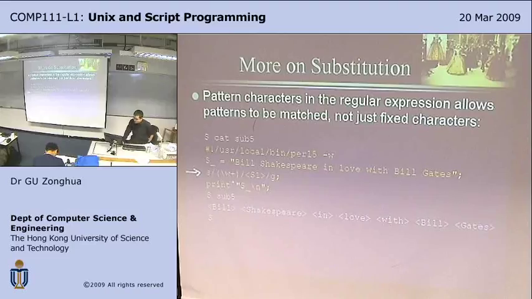So this one, you match one or more alphanumeric characters, remember it, store it in \1 or $1, and then replace the string surrounded by less than and greater than.